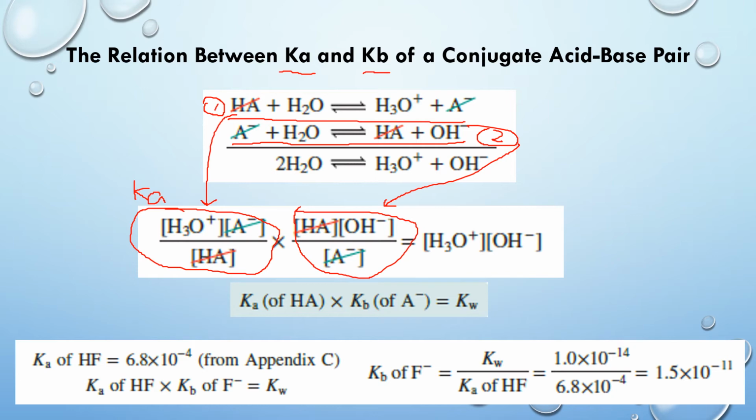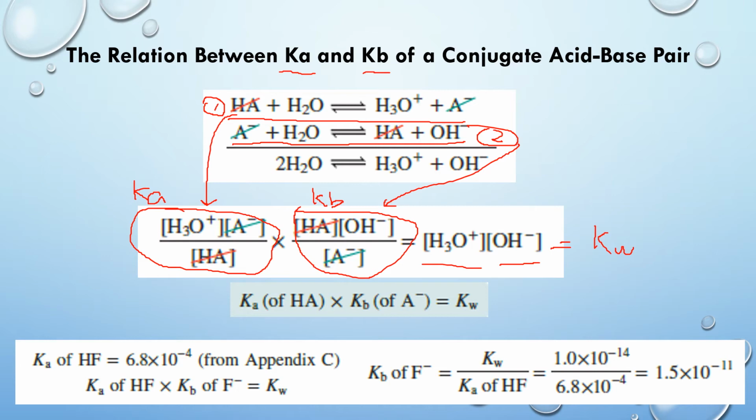So this is the Kb value. If you multiply them, some terms cancel out, and you end up with the proton and the hydroxide concentrations.